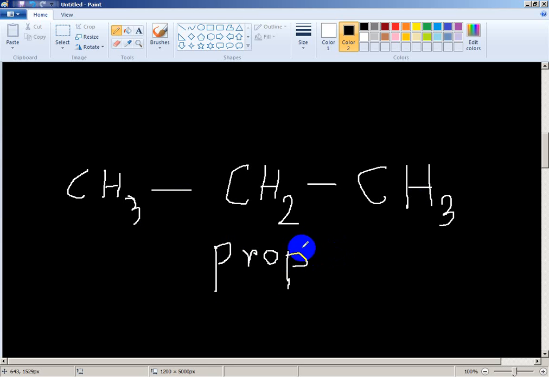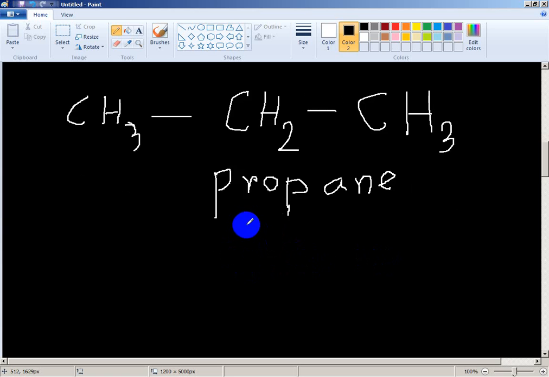This is the prefix and this is the alkane, so the suffix will be ane. So this one is propane.